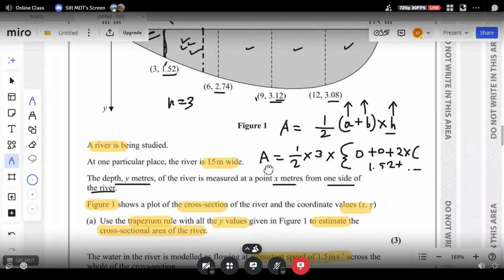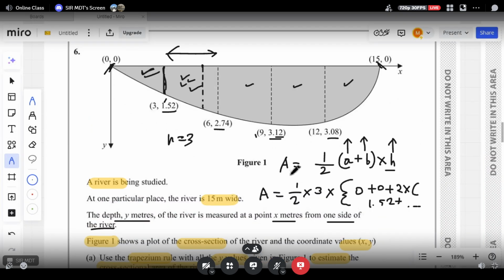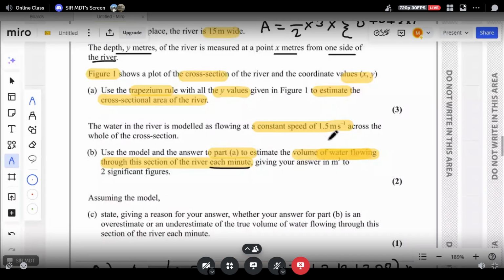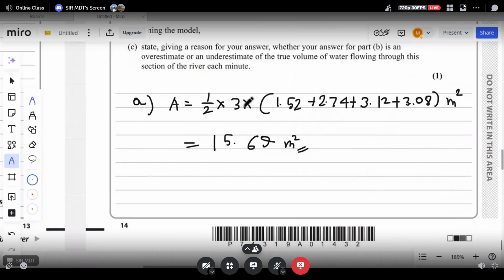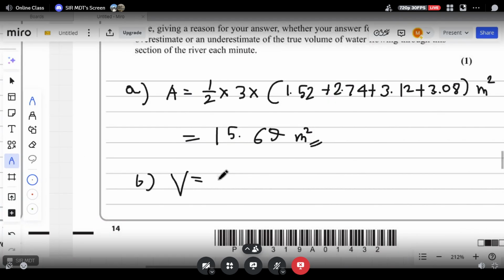So volume is what? Length times the cross-sectional area. That's why we are finding the length first by multiplying the speed with the total time. So volume V equals 1.5 times 60.